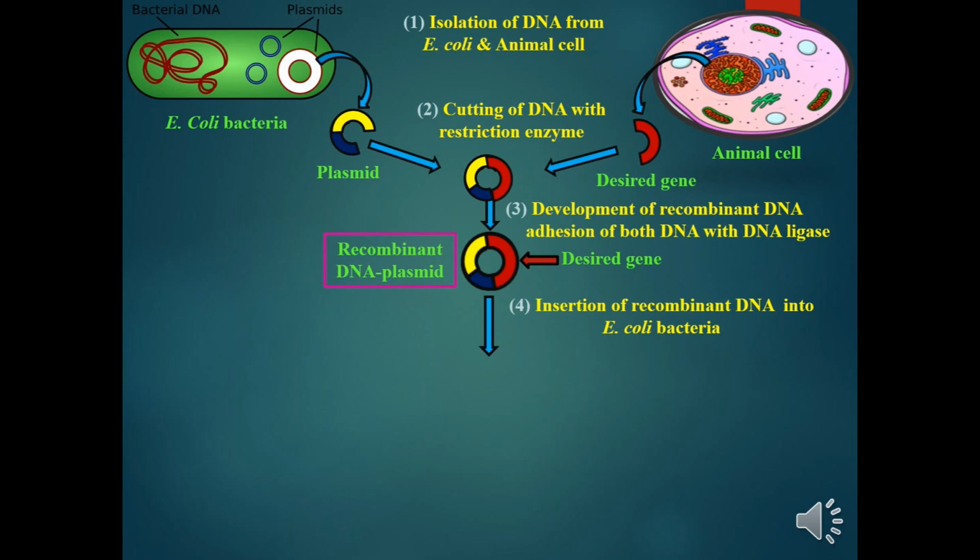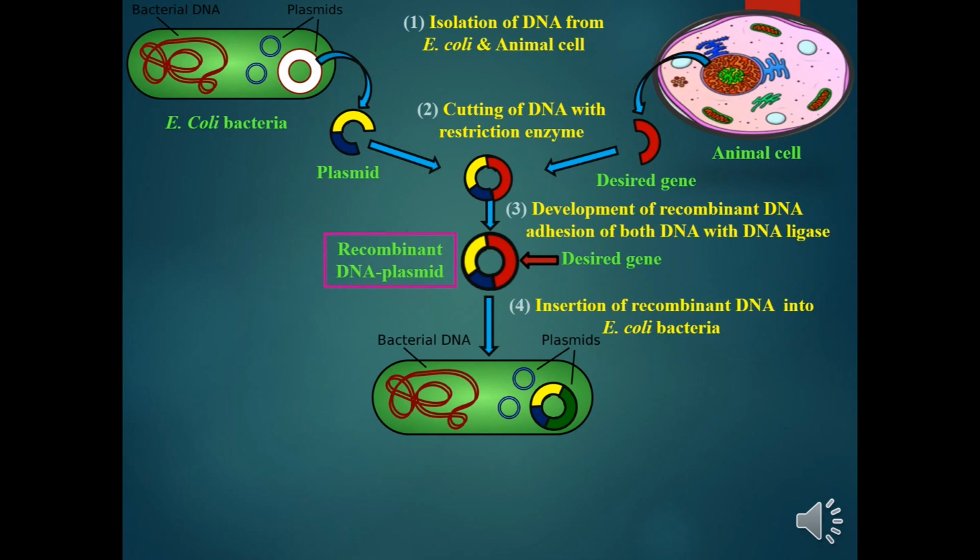We will insert the recombinant DNA plasmid into a new bacteria. It is also E. coli bacteria. So, this E. coli bacteria will be with a recombinant DNA plasmid.